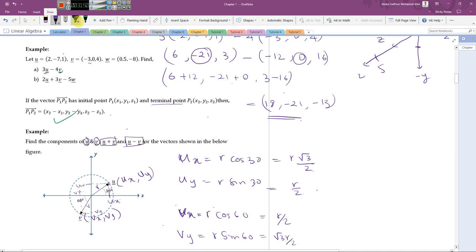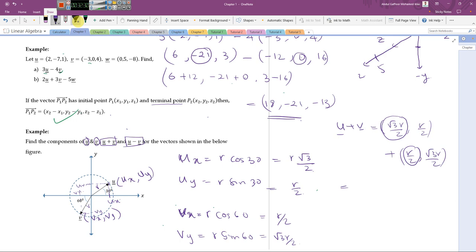Now they have asked to find out the components of u plus v and u minus v as well. So u plus v will be equal to, u is square root of 3r by 2 comma r by 2, plus v is r by 2 comma square root of 3r by 2. So you have to add the corresponding elements of vector u and vector v.